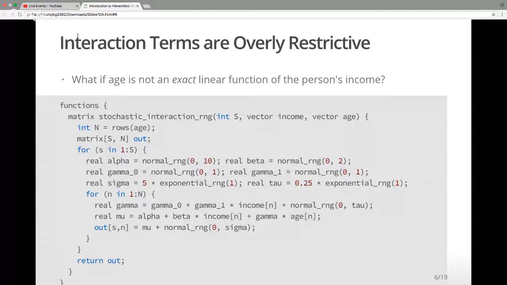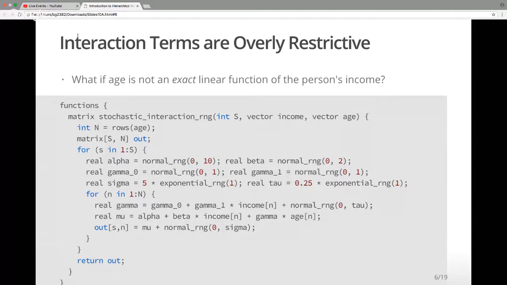And now it's possible, or indeed guaranteed, that two people who have the same income don't necessarily have the same gamma. It can be a little bit different for one person than the next, even though they both have an income of $80,000 or something like that.